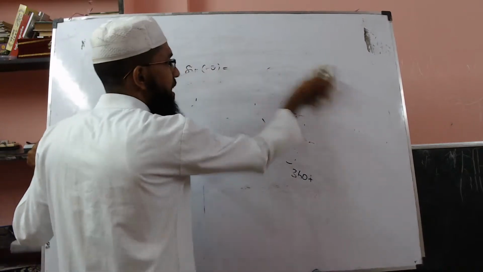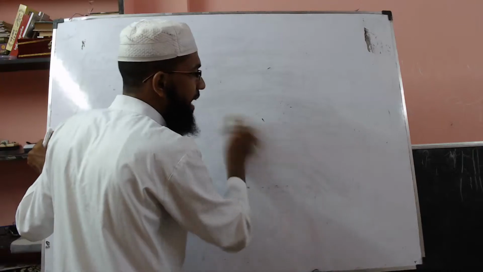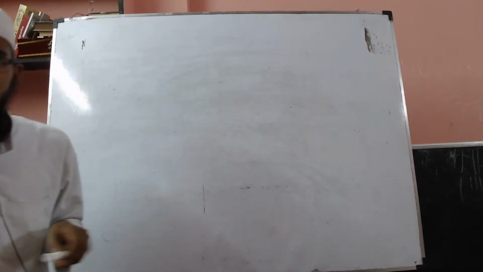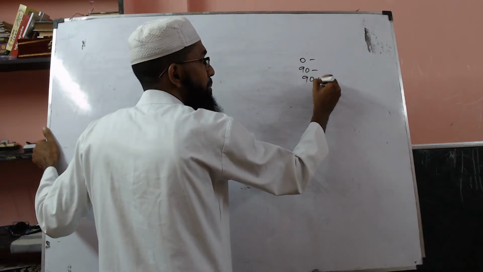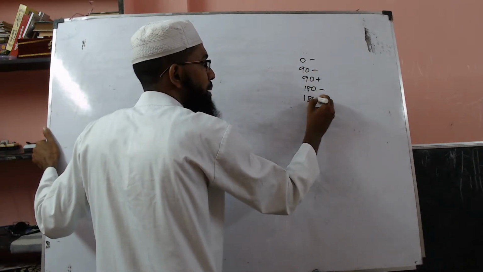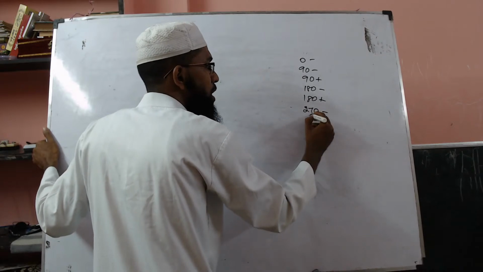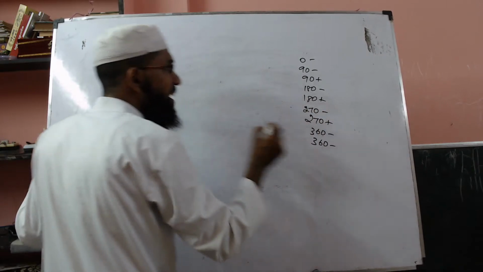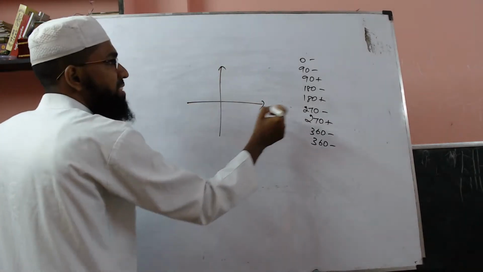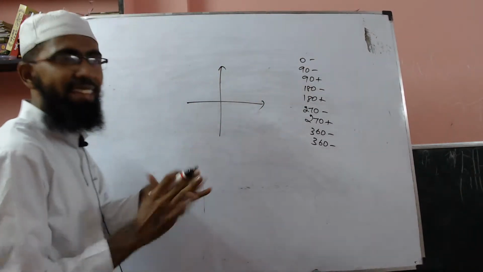Out of these angles that I wrote, 0 minus, 90 minus, 90 plus, 180 minus, 180 plus, 270 minus, 270 plus, 360 minus and 360 plus. In that, if you draw the diagram, this 0 minus is actually nothing, empty.